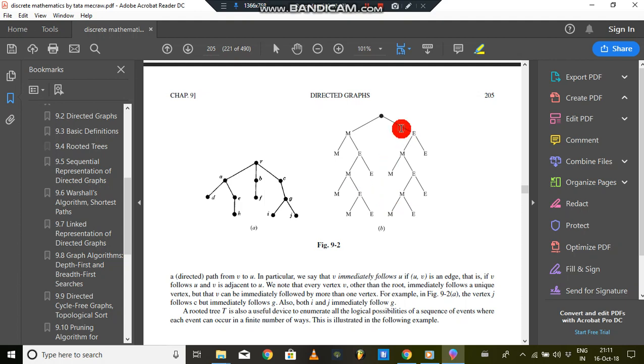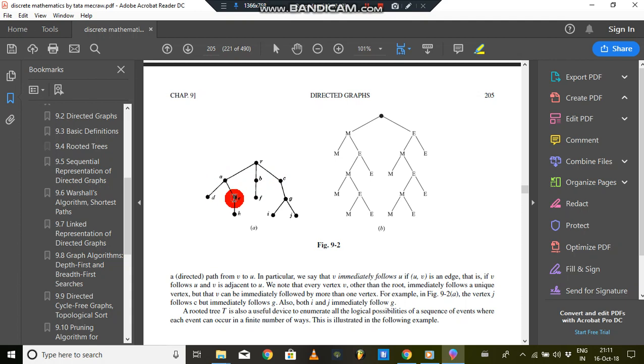And you can also say this is a complete binary tree. This one is not a binary tree because R has three children, so the first condition is false.